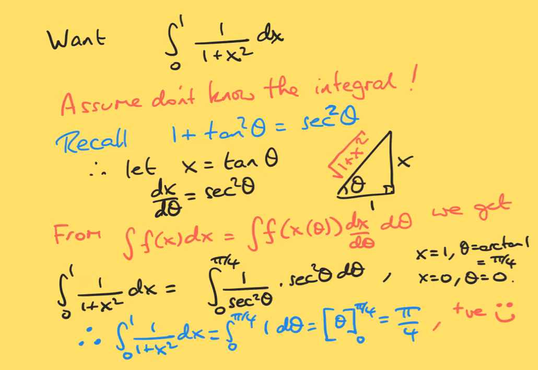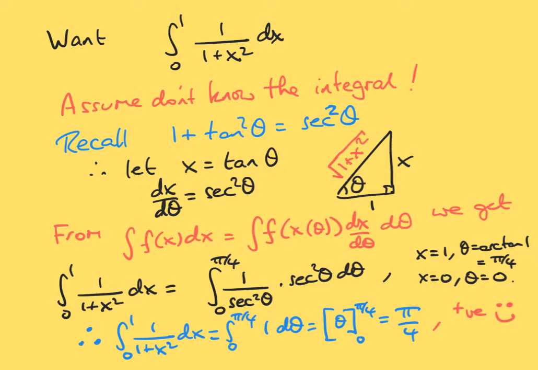And we just pause and check in our heads, yes, the sides of the triangle satisfy Pythagoras' theorem. And this shows us that we're on the right tracks with this change of variables, because one of the sides of the triangle, and with a tangent substitution it is the hypotenuse, is the square root of 1 plus x squared.